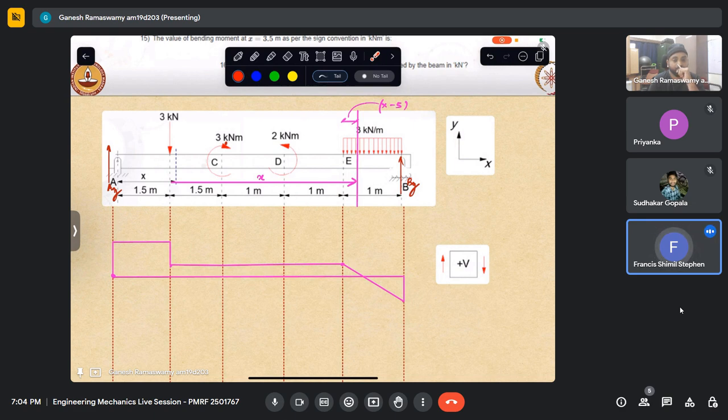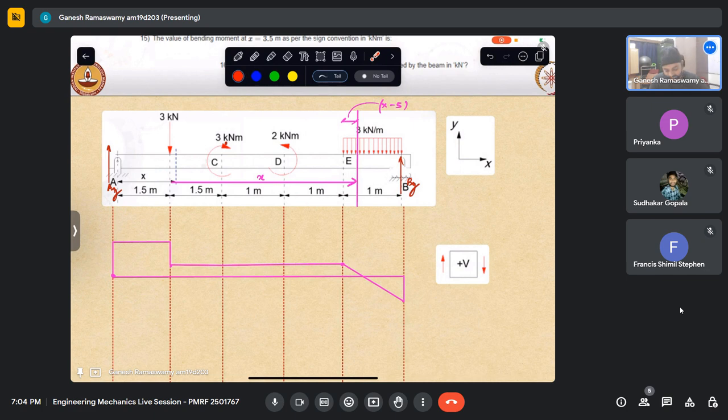At any point that is x less than even 1.4999 will not fall on 1.5. It is told that at 1.5 there is a 3 kilonewton load applied. These are abstractions. In real life, if you apply it, it will have some finite area. But with rigid body idealization, we go for a point force; a concentrated force is also an idealization.